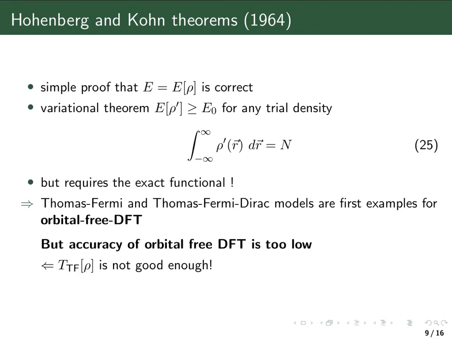The reason why you probably haven't heard about those in chemistry is that the accuracy of these orbital free density functional theories is too low, because the expression for the kinetic energy functionals is not good enough. So the results one obtains are simply not good enough to be useful for quantum chemical calculations. In the next lecture I will talk about another form of density functional theory where this is no longer the case.